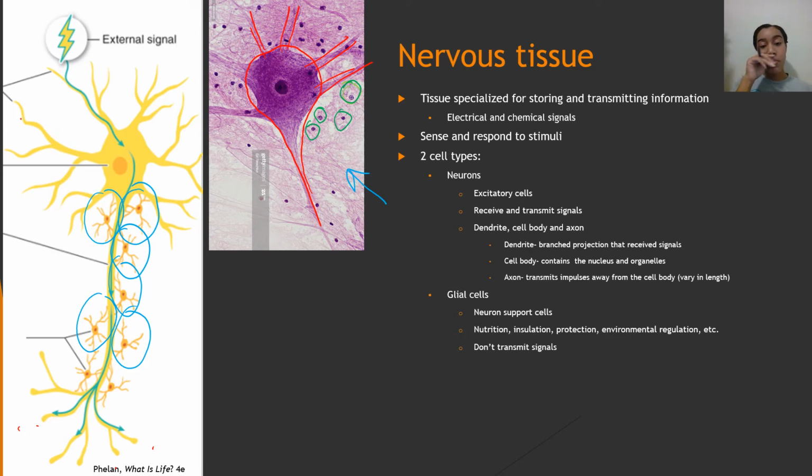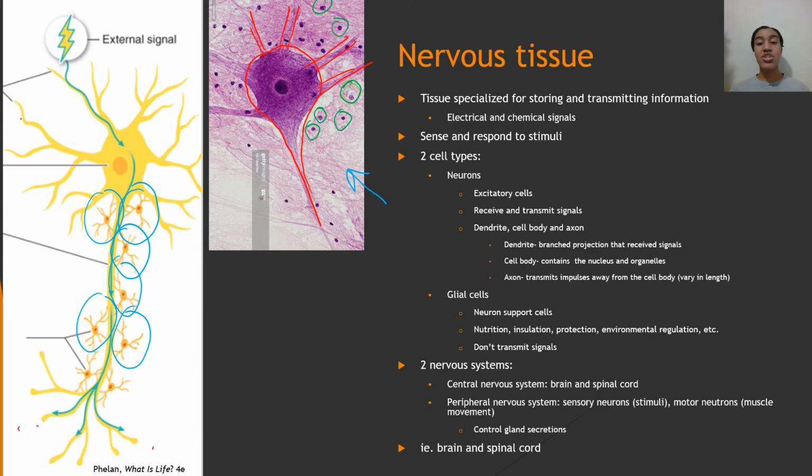You can't really see the projections from those because it's all over the place, but these are the nuclei. So there are glial cells all over that are supporting this neuron and its neighboring neurons. The glial cells are the support staff, but they do not transmit electrical signals themselves. They might look very similar to a neuron, but they do not function in the same way.